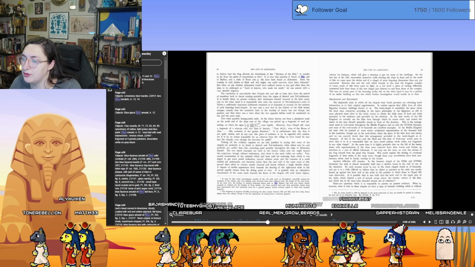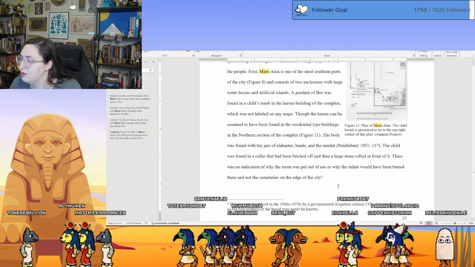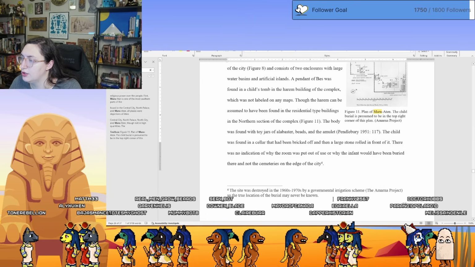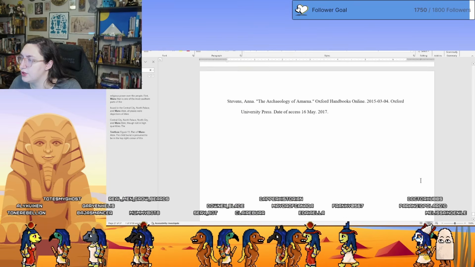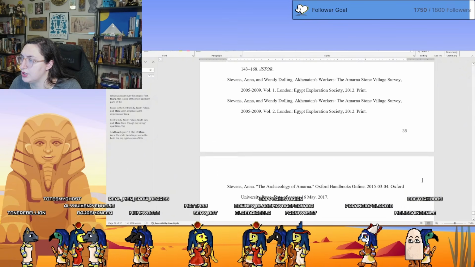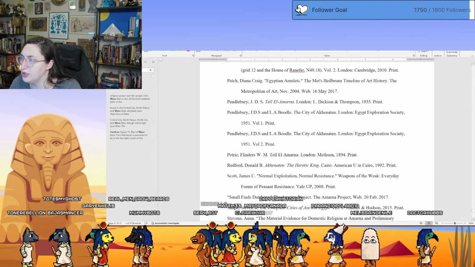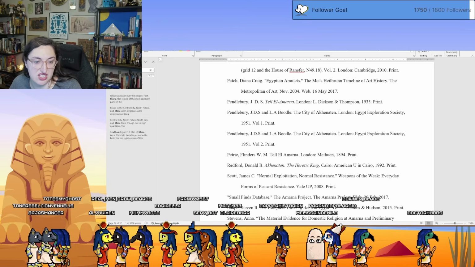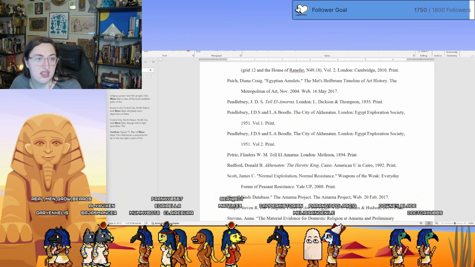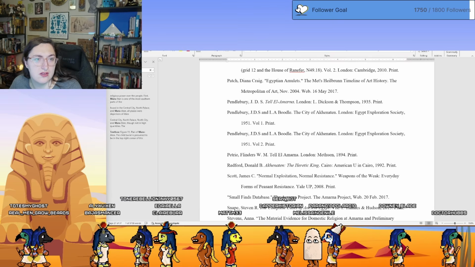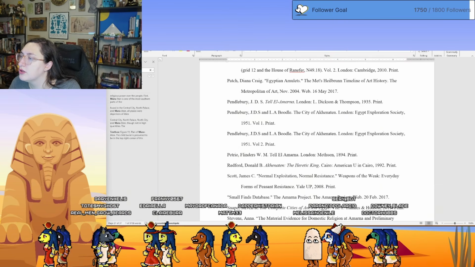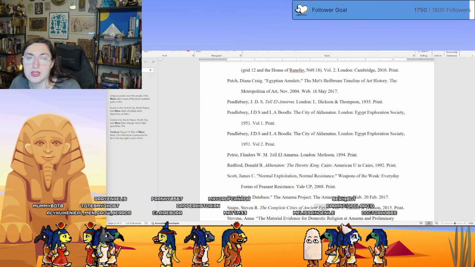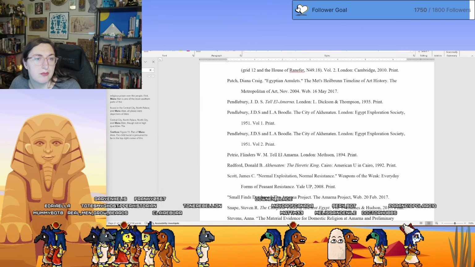Let me see what Pendlebury is, because I probably have it. We'll see what Pendlebury is. So I probably have it in my collection of documents. Sources. Oh, it could be a book, unfortunately. It might be, unfortunately, in a book.